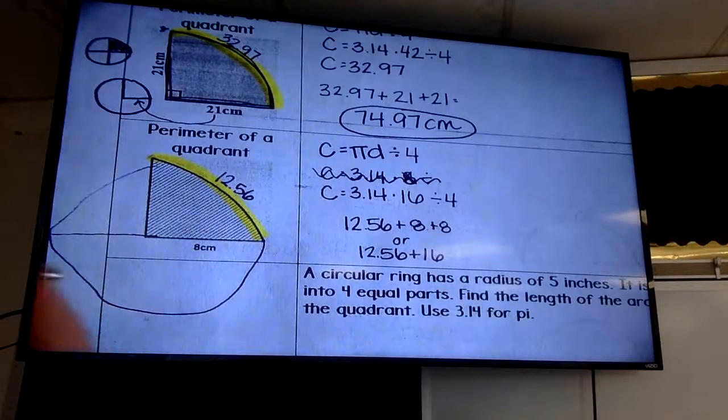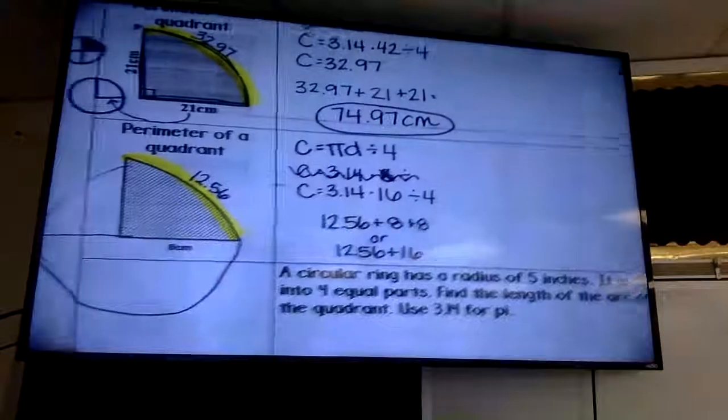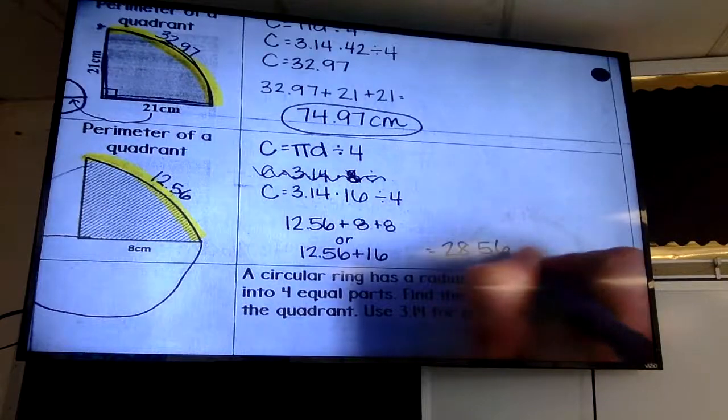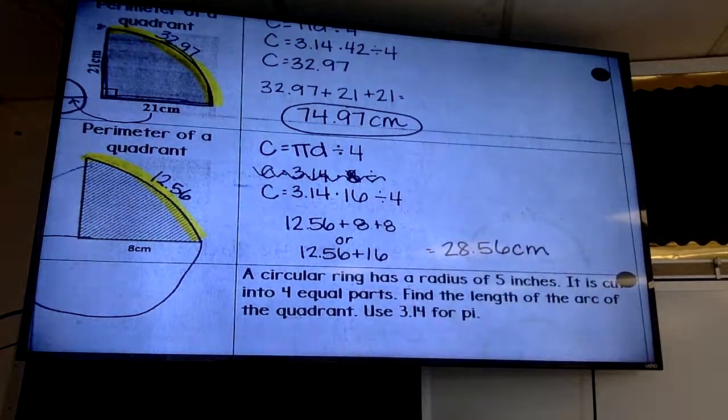That would also work. Your arc plus your diameter. All right, so let's try it. 12 and 56 hundredths plus, I'm just going to say plus 16, gives me 28 and 56 centimeters.